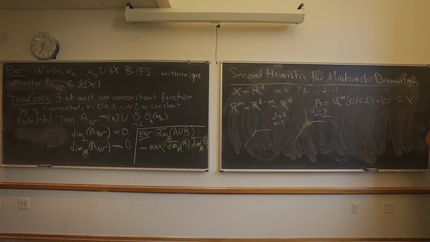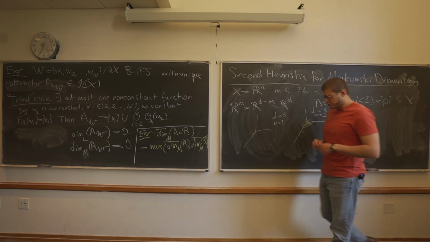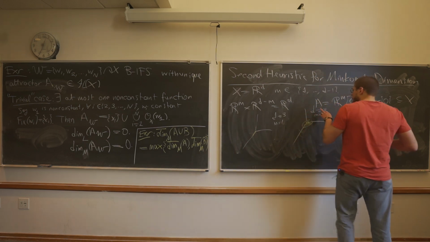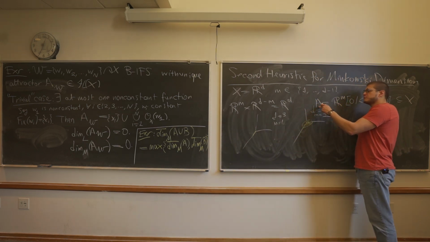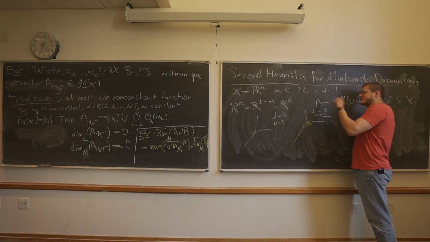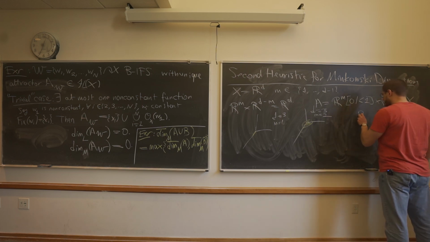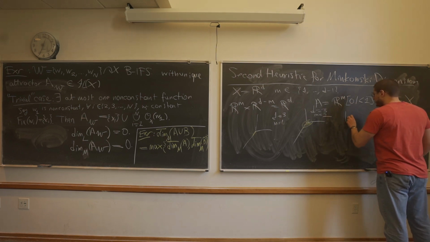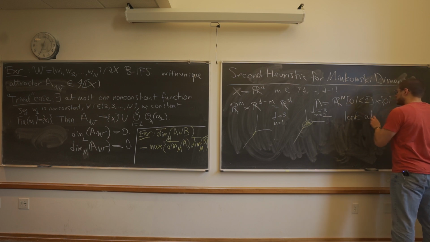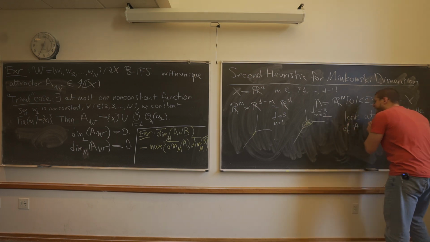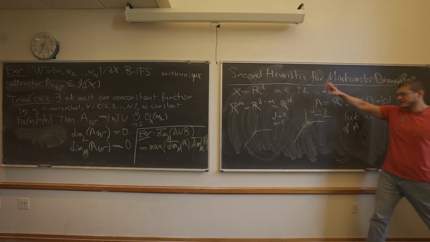So what you do is you look at the doodle of this set. That is to say, you want to look at an epsilon ball centered at A. So look at the epsilon doodle of A in R^D, in the larger space.